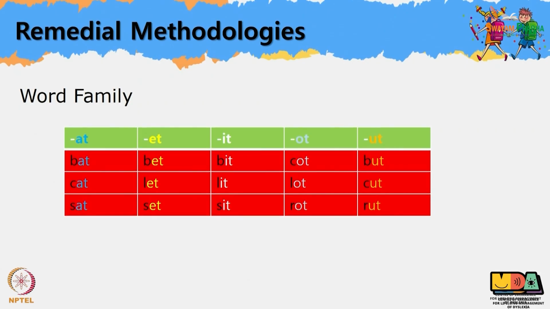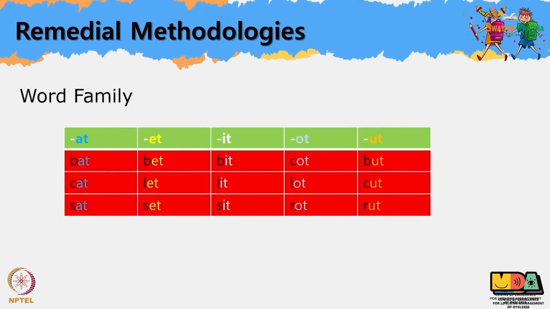Word family is a group of words falling into the same spelling pattern. We are right now looking at the word families on the screen. We have the at family, et family, it family, ought and the ut families. Under at, we have words like bat, cat, sat, mat, rat.